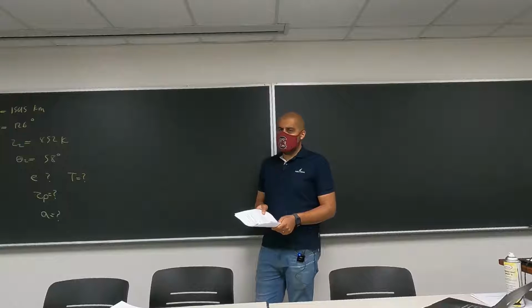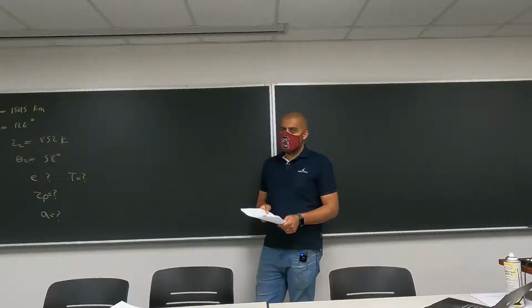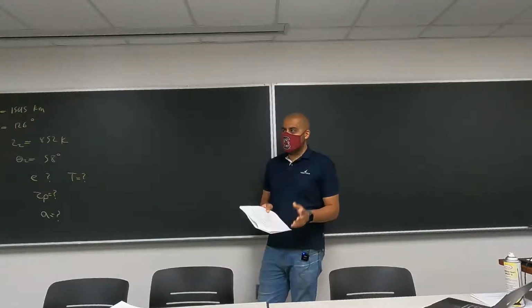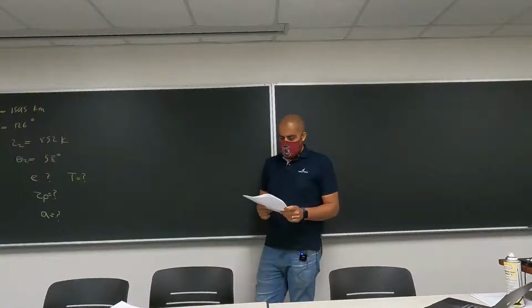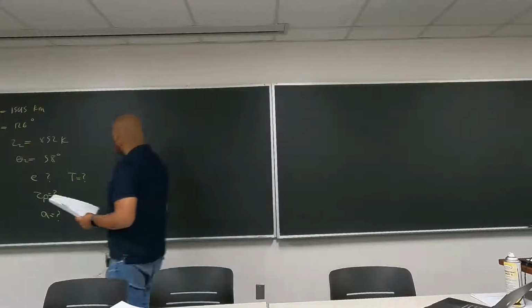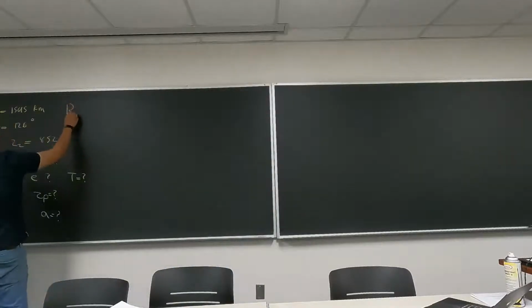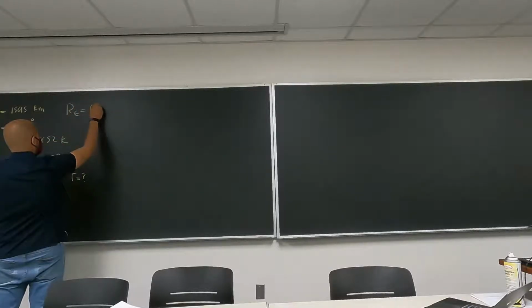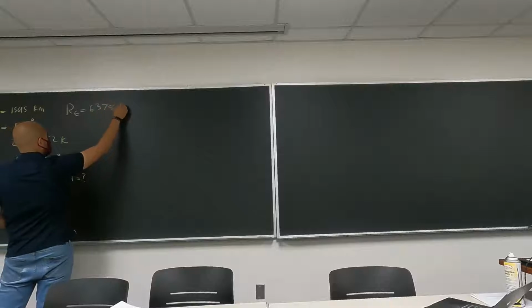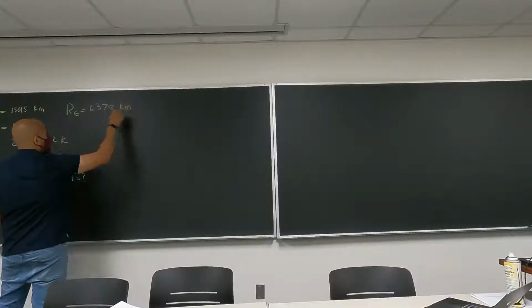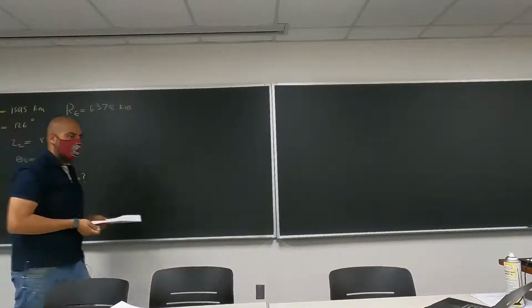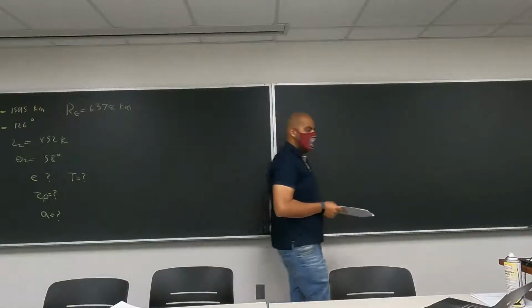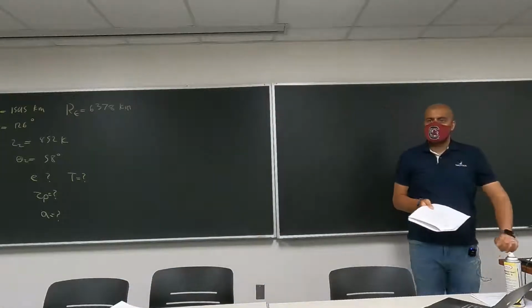What is RE? The radius of the Earth, the capital R. Yes, correct. The radius of Earth is usually given. We are going to assume Earth is a spherical shape with 6,378 kilometers radius, right?